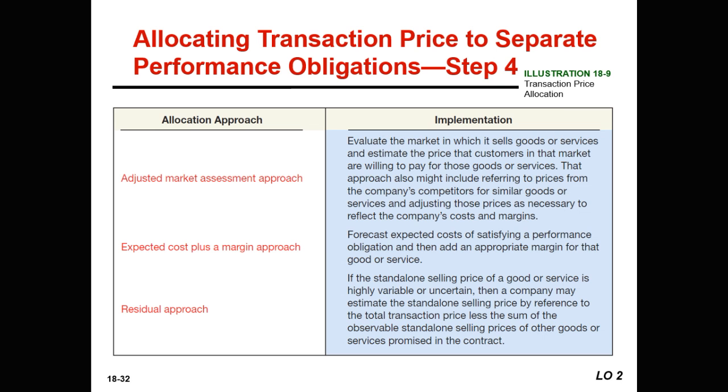And then there's the residual approach. This is if the standalone selling price of a good or service is highly variable or uncertain, then we estimate the standalone selling price by reference to the total transaction price less the sum of the observable standalone selling price of other goods or services in the contract. And the rest of it must go to the one that is highly variable.